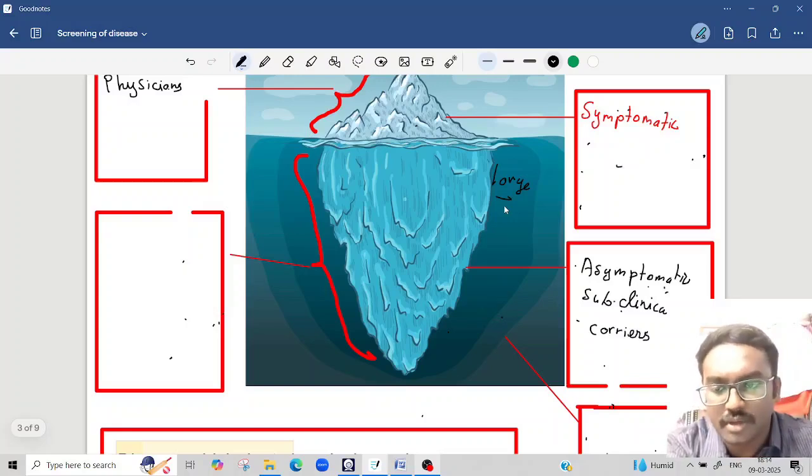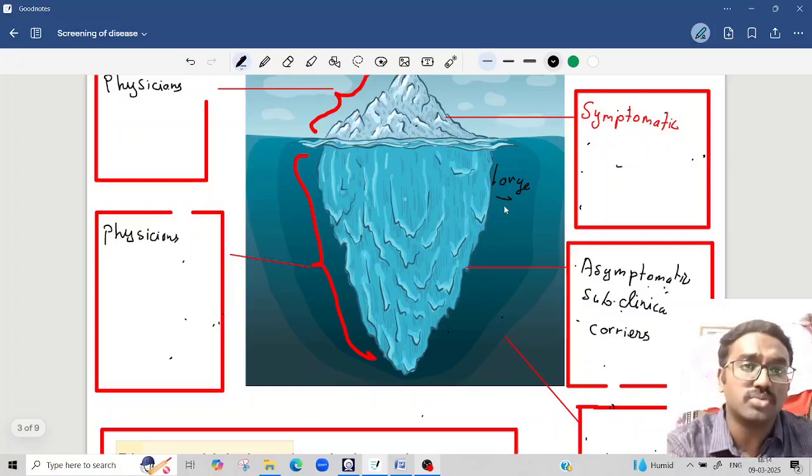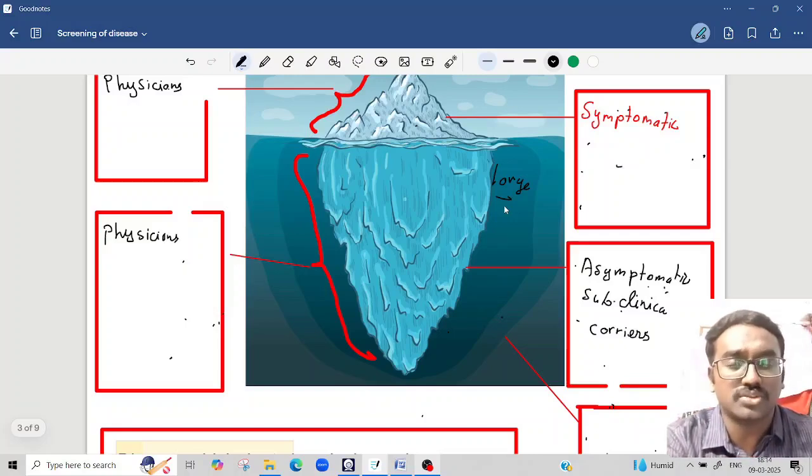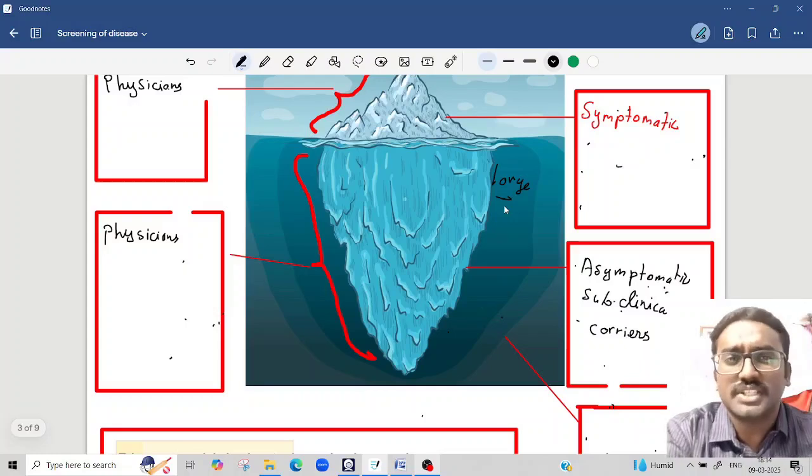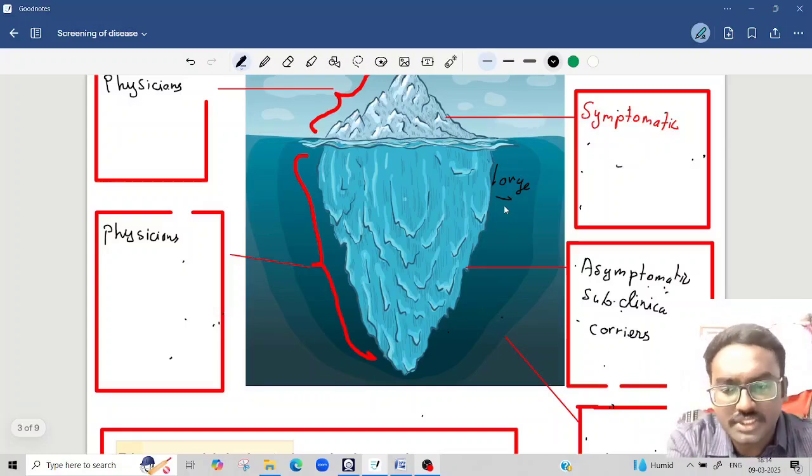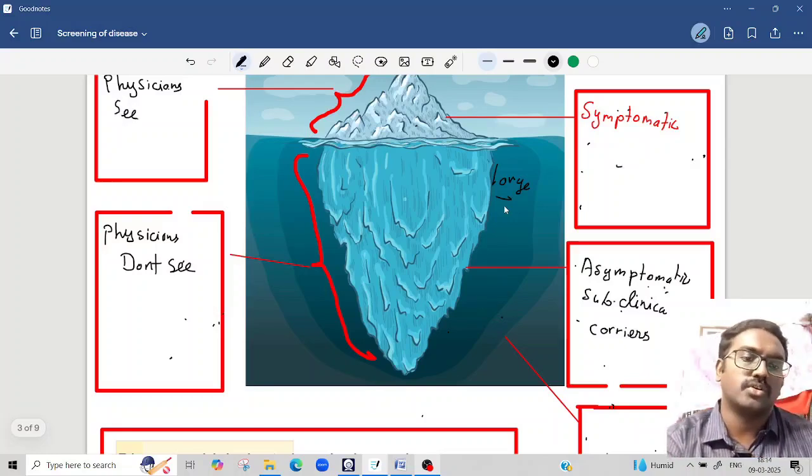These are the people whom the physicians do not treat because they do not see them; they don't show any symptoms, so they don't go to the doctors. The physicians don't see them. Here the physician sees.